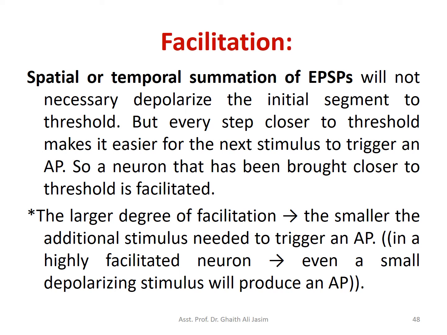So a neuron that has been brought closer to threshold is facilitated. The larger the degree of facilitation, the smaller the additional stimuli needed to trigger an action potential. In a highly facilitated neuron, even a small depolarization stimuli will produce an action potential.